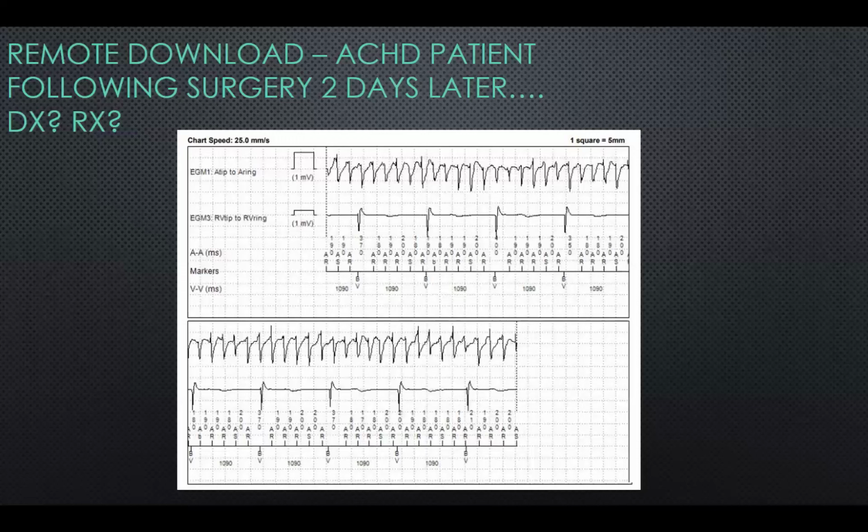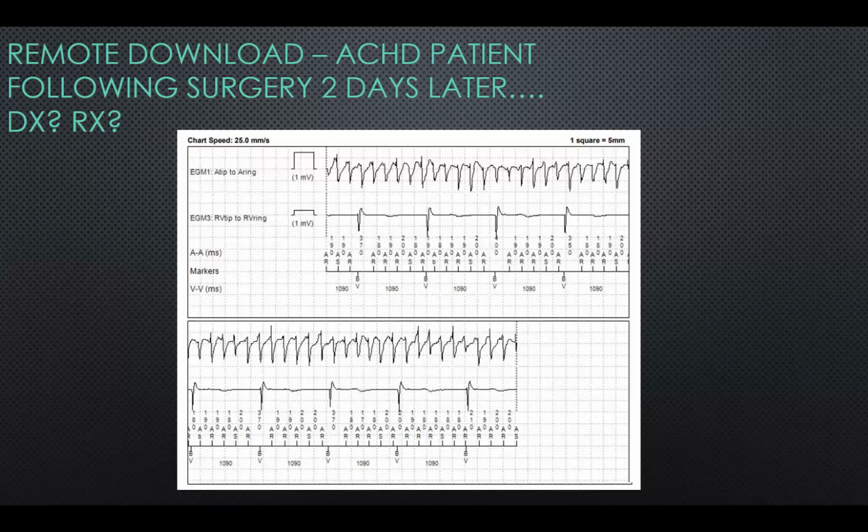This is faster. Is it a lot faster or just a tiny bit faster? Pretty fast, I would think. It's a whole lot faster. What's the A to A interval in this, I would say roughly? It'll be around 300 beats per minute. Right. And is it a regular rhythm, you think, or an irregular rhythm?